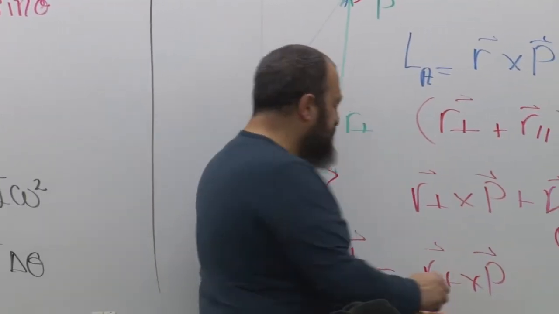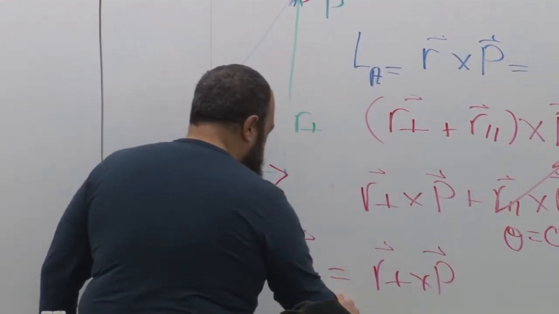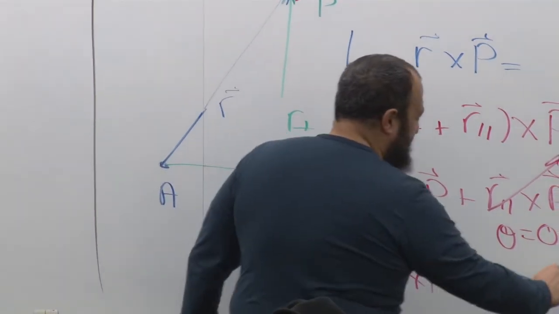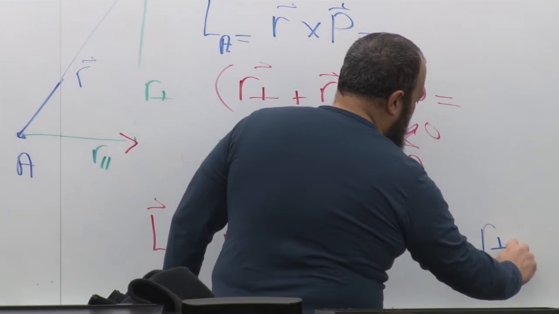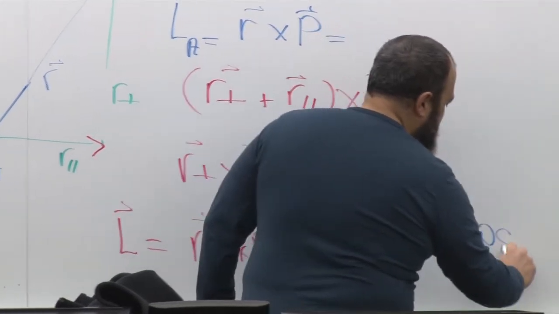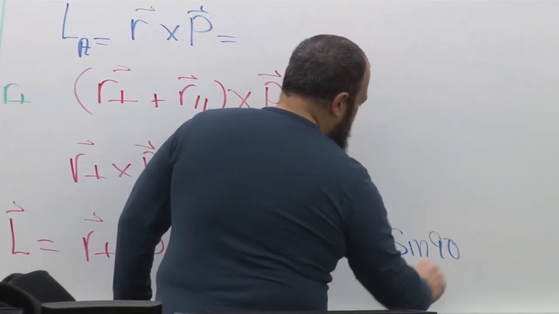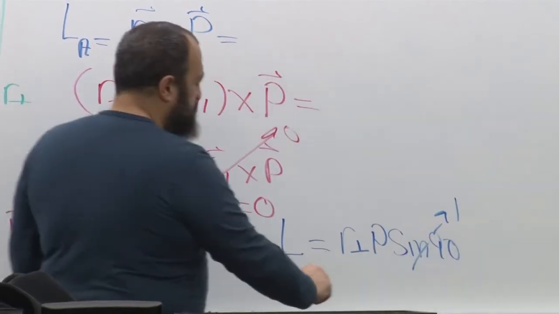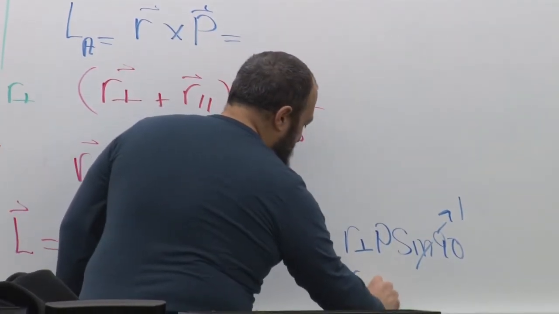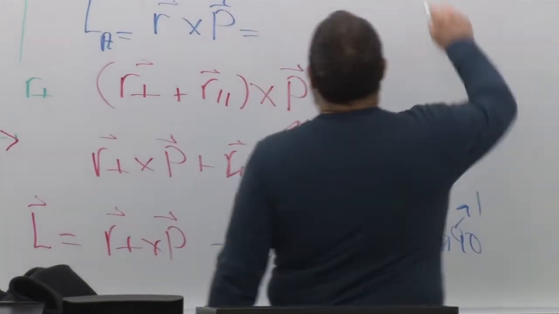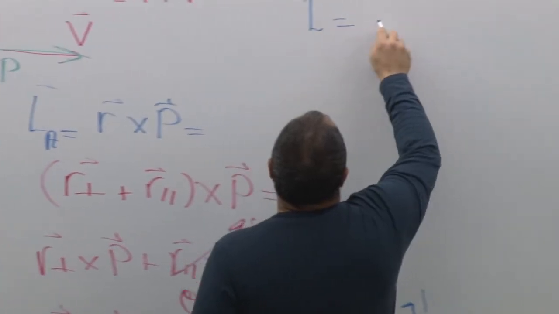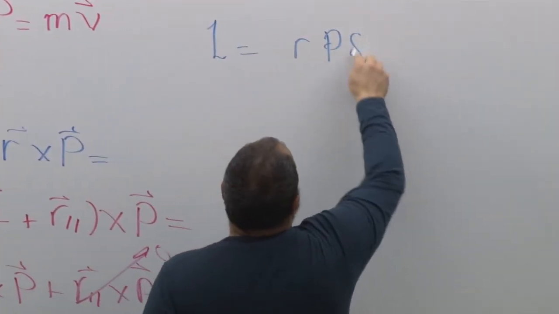Magnitude wise, L in magnitude is simply equal to R perpendicular times P times sine of 90, which is 1. So just R perpendicular times P. What's another way to see this? The magnitude of the L vector is given by R P sine theta.